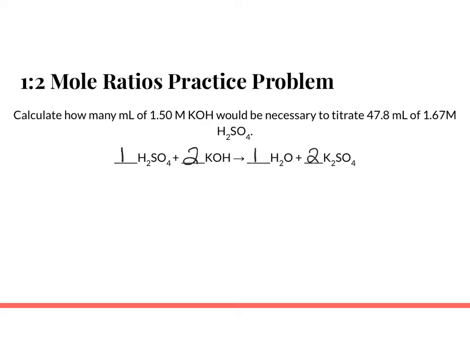The next thing we want to do is identify the acid and the base, and plug these values in. So we're going to go Ma, Va, moles A, then Mb, Vb, and moles B.